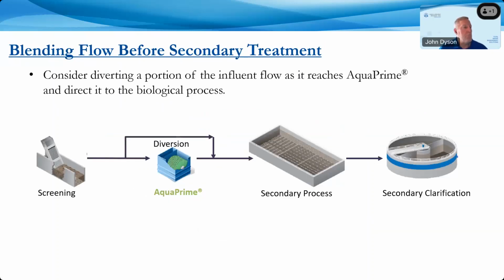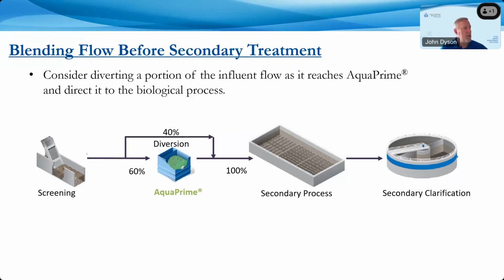One solution is you technically don't have to treat all the flow. If you want to have a desired influent condition for your secondary process, you could treat a portion of the flow through the AquaPrime unit, let a portion go around, and then send that flow to your secondary process.